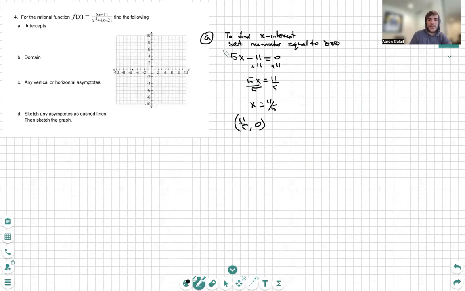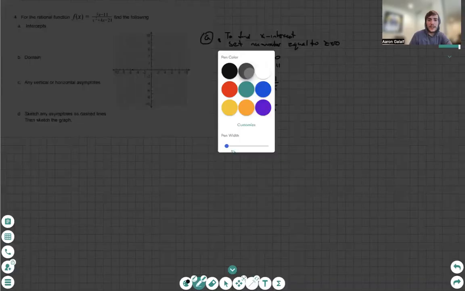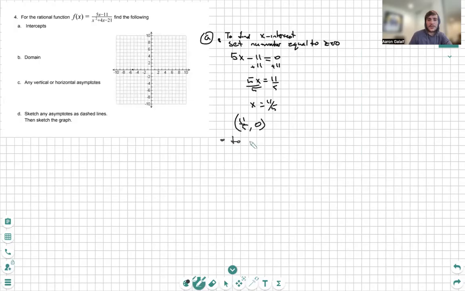Next, we're going to solve for the y-intercept. In order to find the y-intercept, we need to plug 0 into x and solve for y.